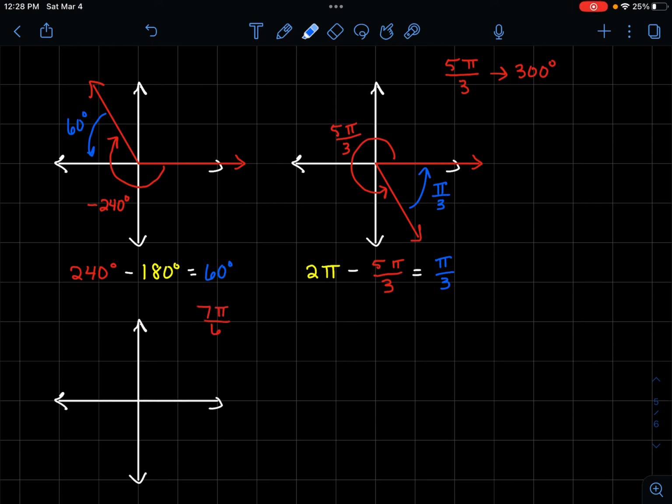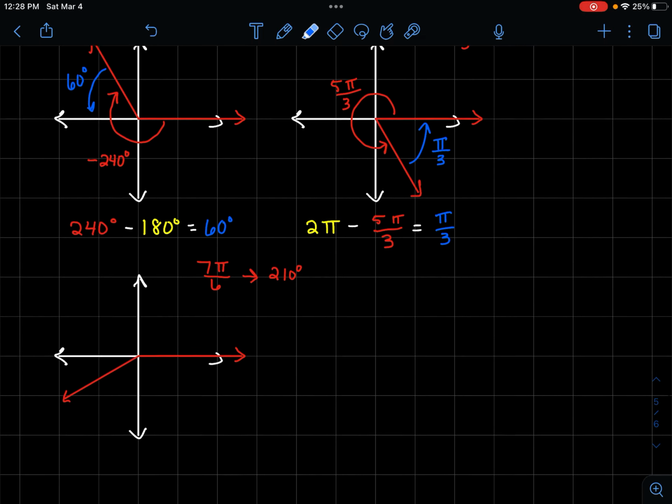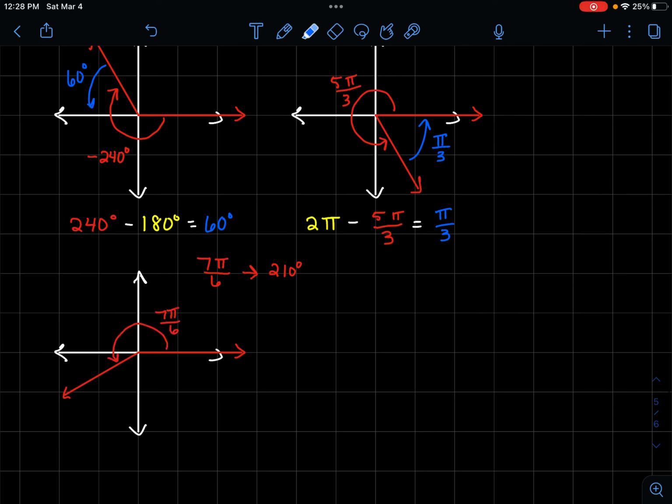Let's try a couple more radian ones. 7 pi over 6. Again, not sure exactly where that is located, but we convert it to a degree. That's 210 degrees. So visually, here's where 210 is, or 7 pi over 6. What's the distance in radian measure from the terminal side to the x-axis?